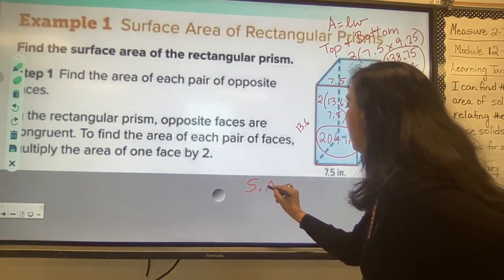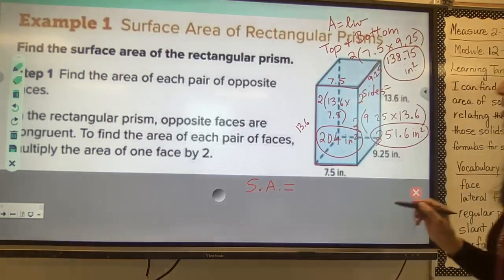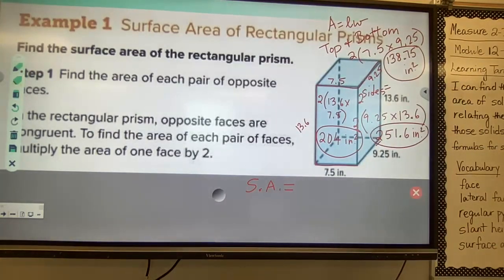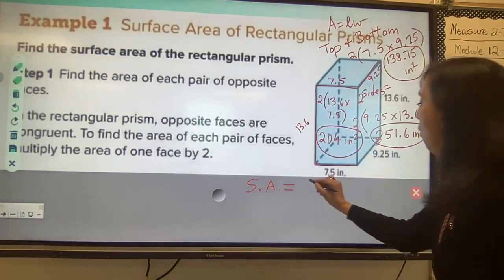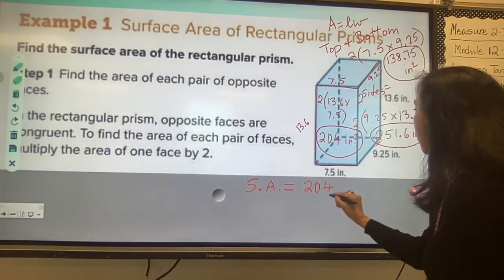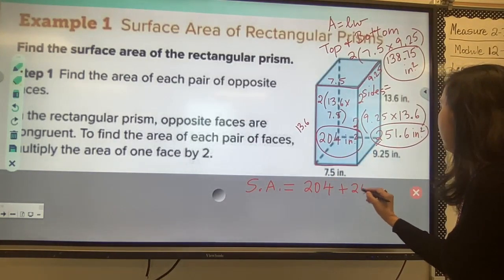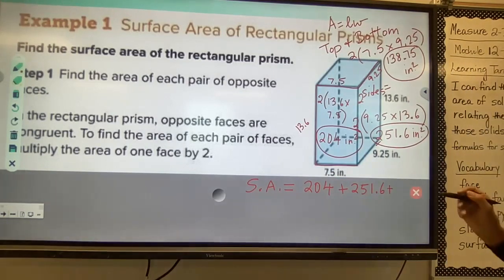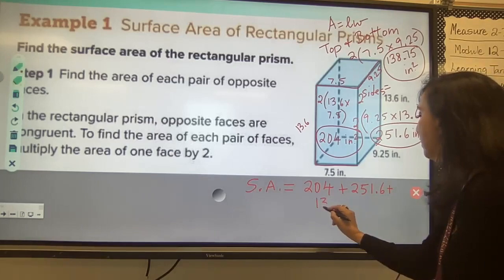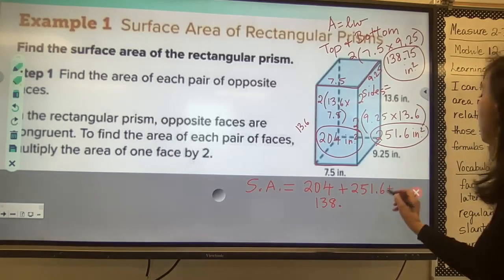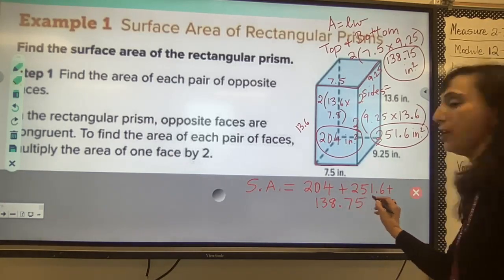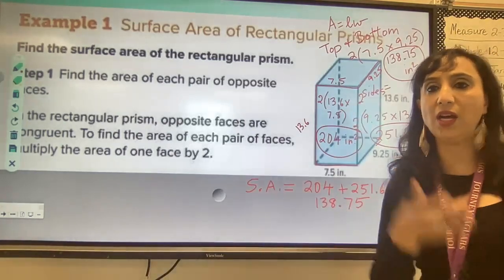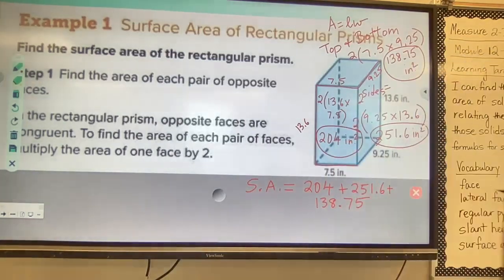So surface area is equal to 204 plus 251 and 6/10 plus 138 and 7500. So I've got to add all the different faces now.